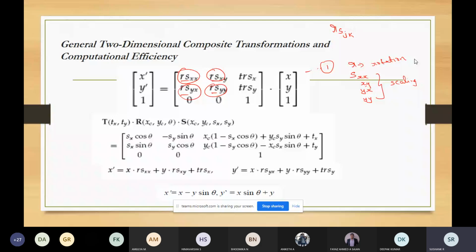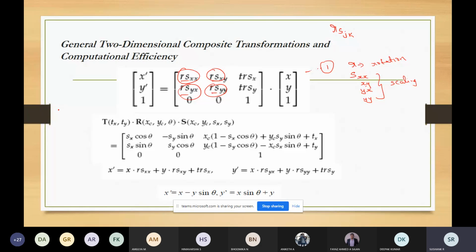R consists of the rotation angle, and the scaling, like scaling along the x-axis and scaling along the y-axis, is taken care of by SXX, SXY, SYX, SYY. We will expand this.